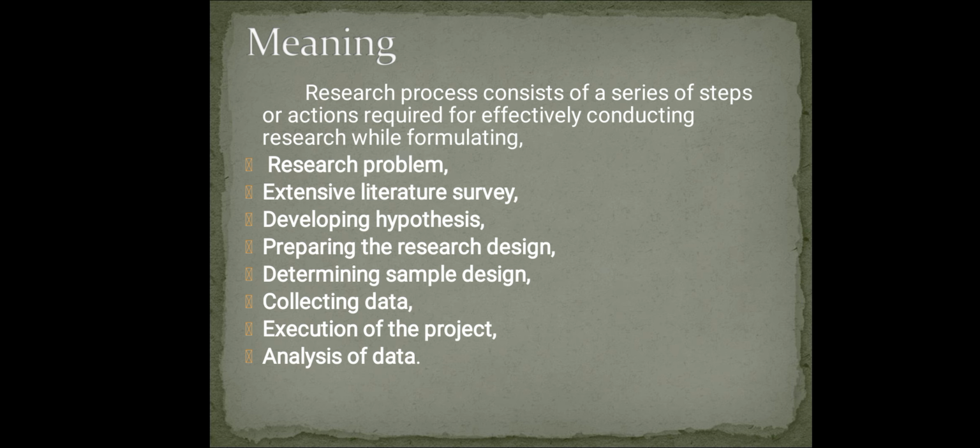From the developed hypothesis, he has to prepare the research design. From the research design, he has to determine the sample design, and based upon the sample requirement, he has to collect the data. It might be primary data or secondary data. Finally, execution of the project and analysis of data.